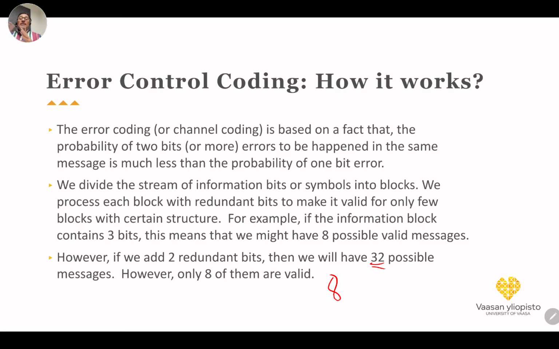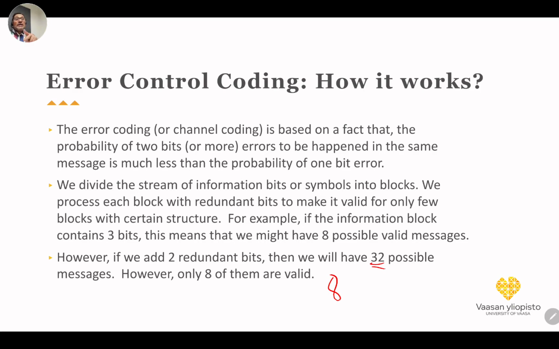Now, we design the code so that 3 bits of information come into the coding, and the output is 5 bits, but we design it to keep the valid packets as far away from each other as possible. So if one error happens within a valid packet, it will never become another valid packet. If one error happens in any of those 5 bits, it should not become another valid packet, so it goes to an invalid packet.